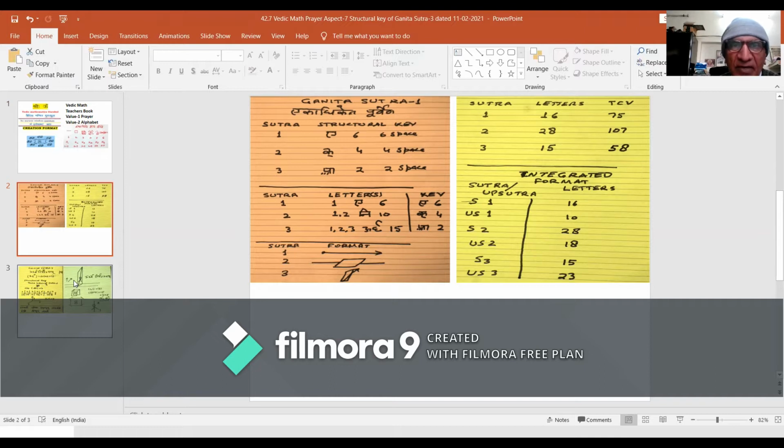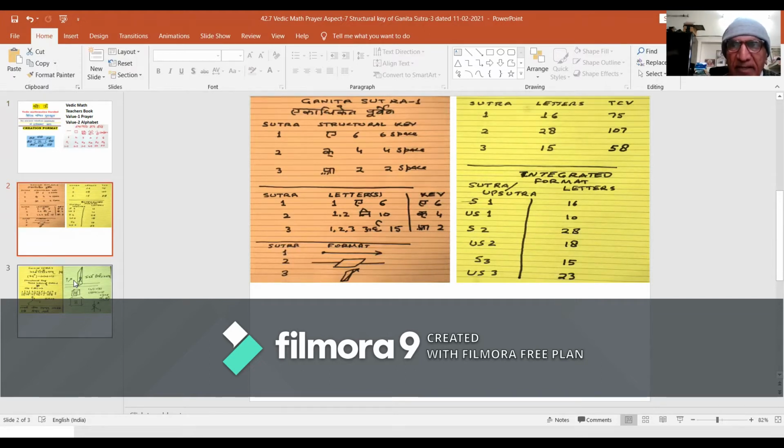The text of Ganita Sutra 1, Eka Adhikain Purvain, is a composition of 16 letters. These 16 letters preserve the structural keys of Ganita Sutras 1 to 16, and also of Ganita Sutras 1 to 13. Presently, we are chasing the organization of structural keys of Ganita Sutras 1 to 16.